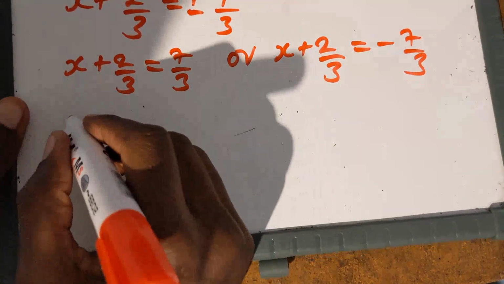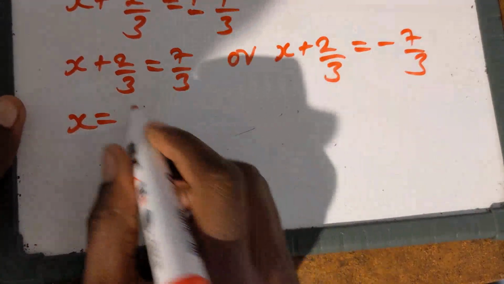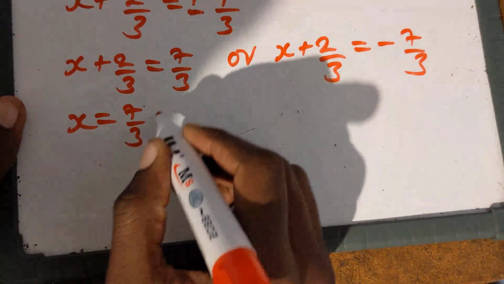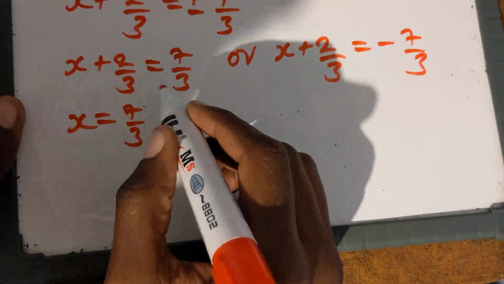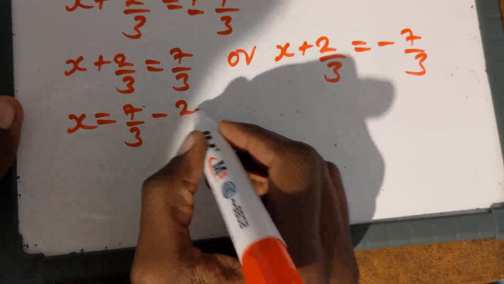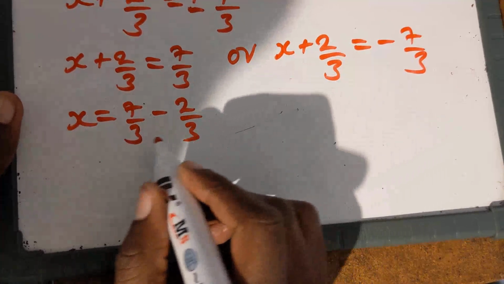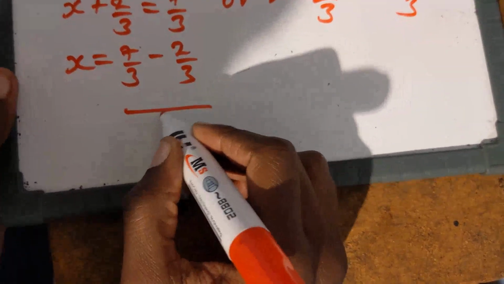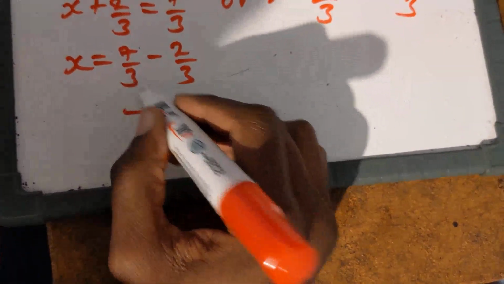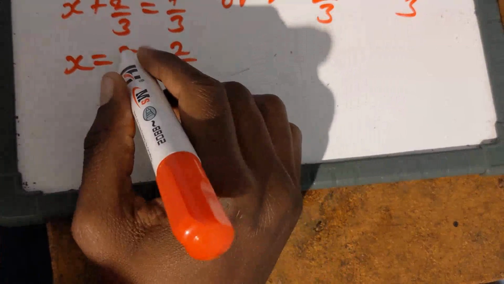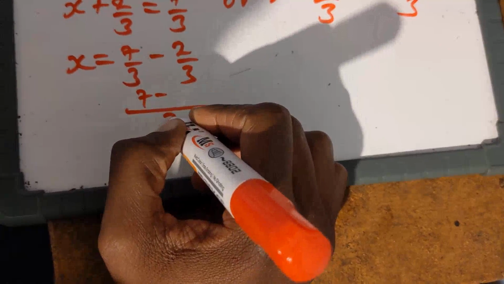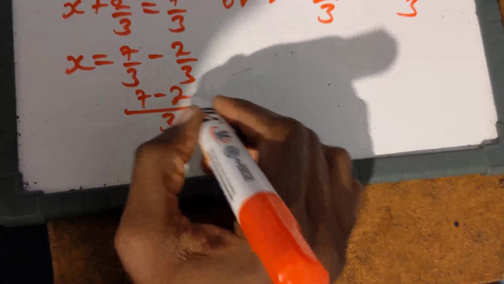So from here you can collect the like terms since you want to find the value of x. So it will be over 3, then this is positive. When it comes this side it becomes negative 2 over 3. Okay, then you find the common denominator, which is 3. Then 3 into 3, that is 1. 1 times 7, that is 7, minus 3 into 3, 1. 1 times 2, that is 2.